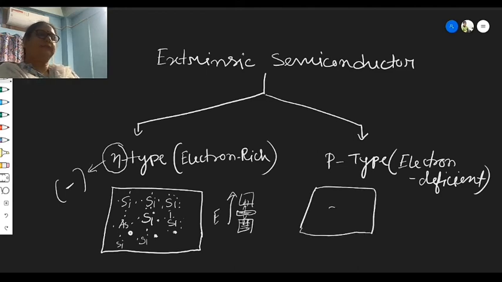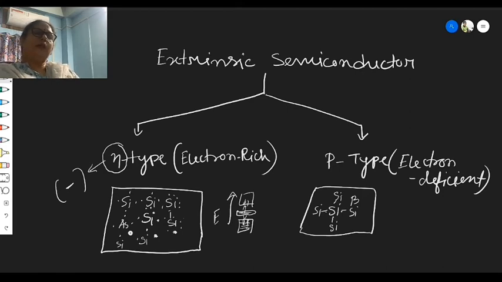On the other hand, if we consider again a silicon crystal, there is a silicon-silicon bond, a normal bond, and valence electrons are bonded with 4 silicon.